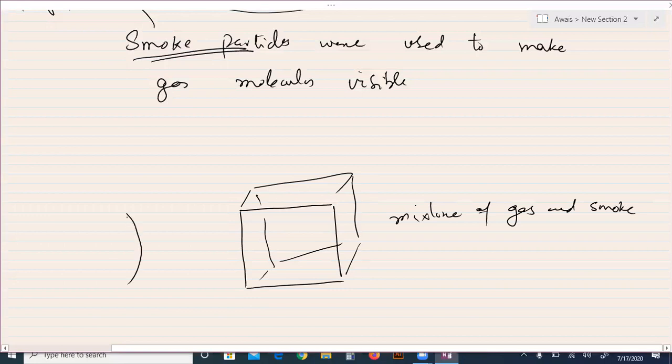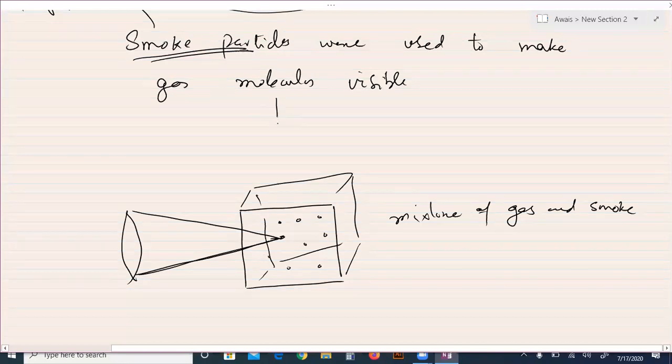When high intensity light is focused on these particles, the smoke particles will appear like bright specks, and when they are viewed by a powerful microscope, this is the microscope, they will show behavior like this. This is Brownian motion, and it is the behavior of the gases due to their random distribution.